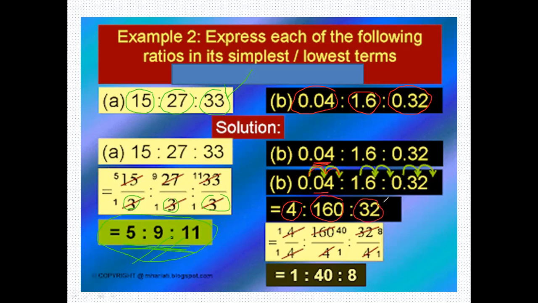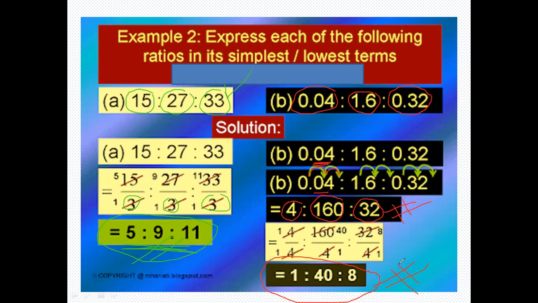All right. So we now have these whole numbers, and we can simplify by dividing by the common factor. 4 can be divided by 4, 160 can be divided by 4, and 32 can be divided by 4. So 4 is the highest common factor, and we get 1:40:8 as our final answer in ratio form.